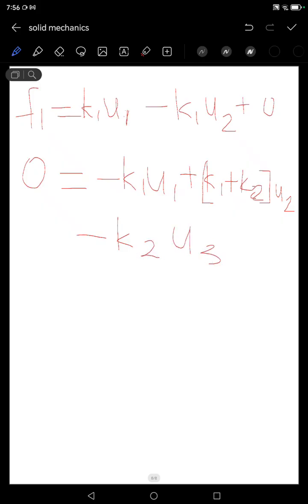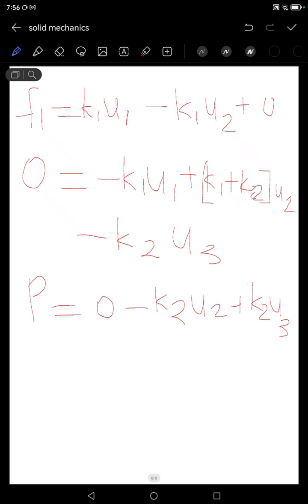Okay, guys, this equation is from the matrix. And then f3, we said f3 equals p, so we can write p equals 0 plus negative k2 u2, and then plus k2 u3. These equations are from the matrix.